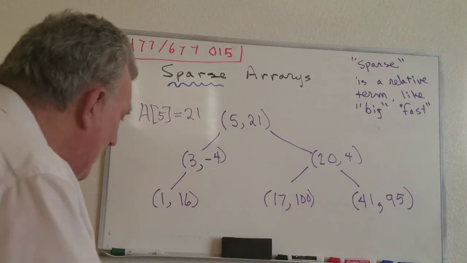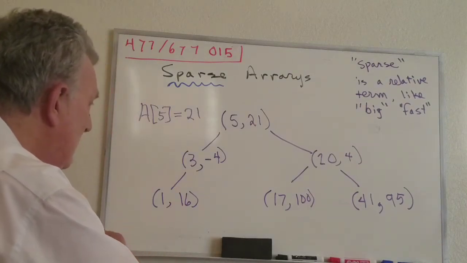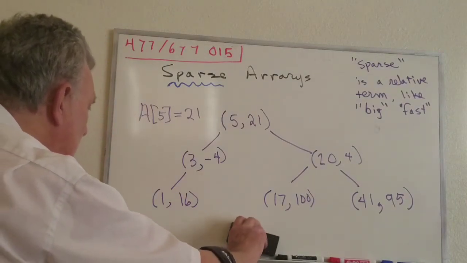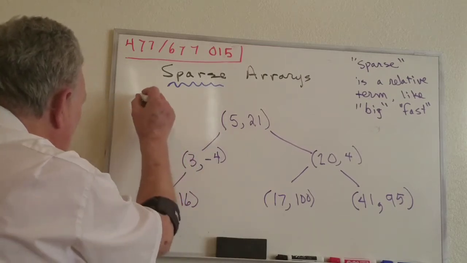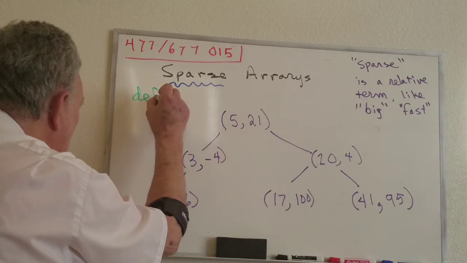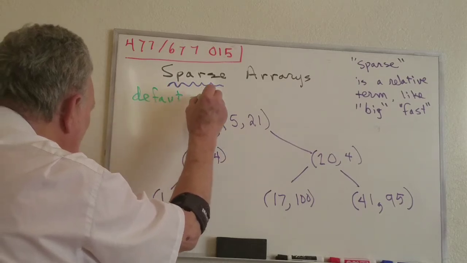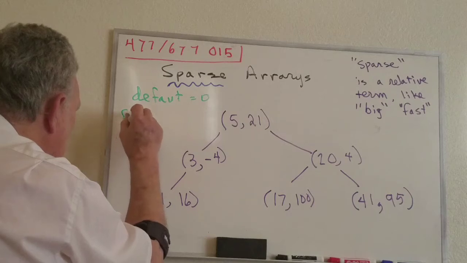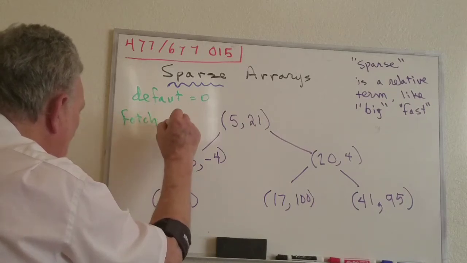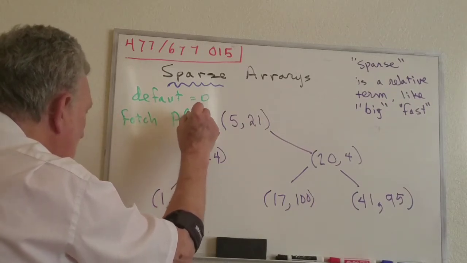Suppose, for example, I wanted to fetch. Let's say that the default value is 0, which is typical. And I want to fetch A of 7.